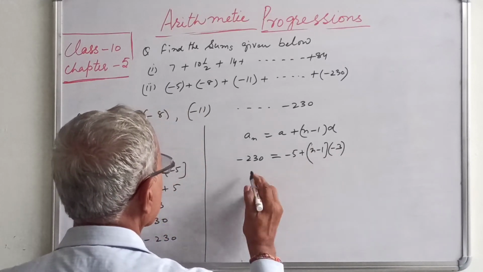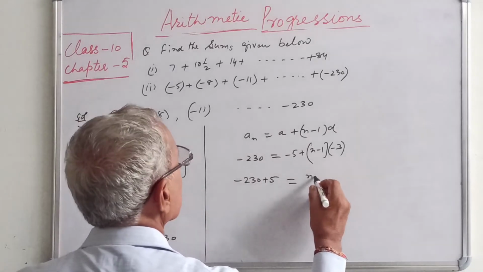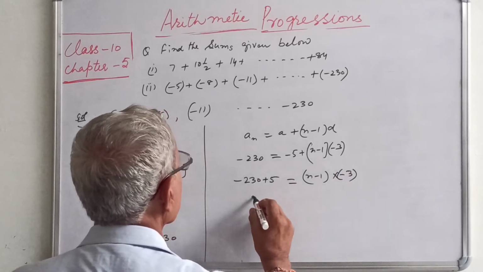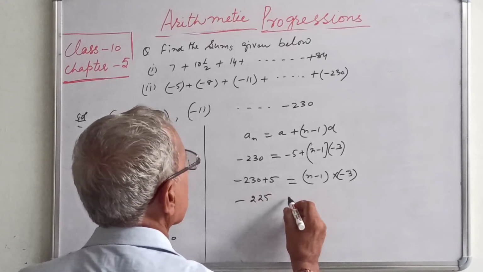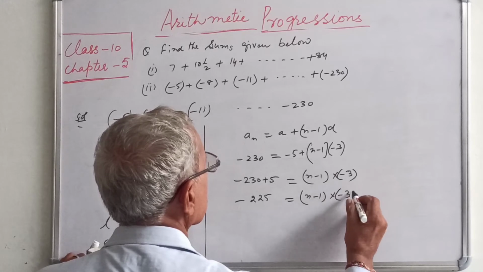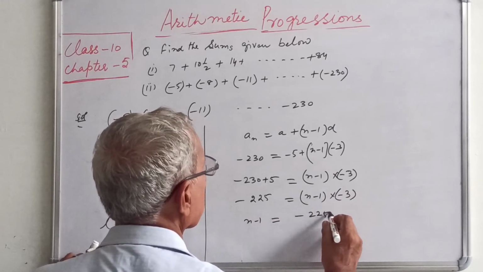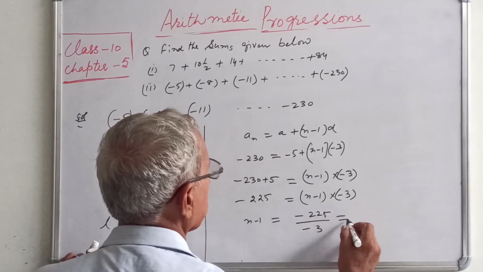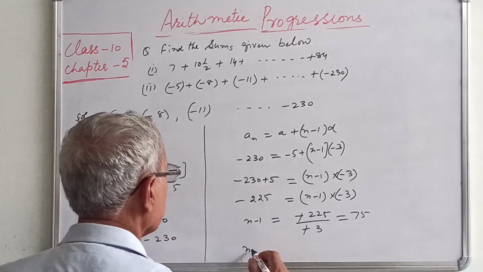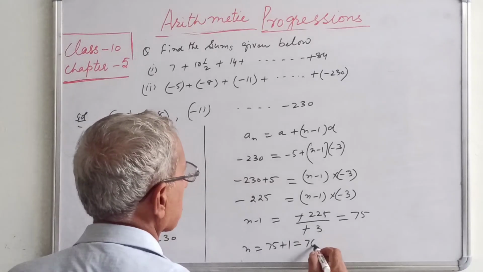So 5 to this side, so 230 plus 5 is equal to n minus 1 multiply by minus 3. 225 minus is equal to n minus 1 multiply by minus 3. So n minus 1 will be equal to minus 225 divided by minus 3. That is 75. So n will be 75 plus 1, that is 76.